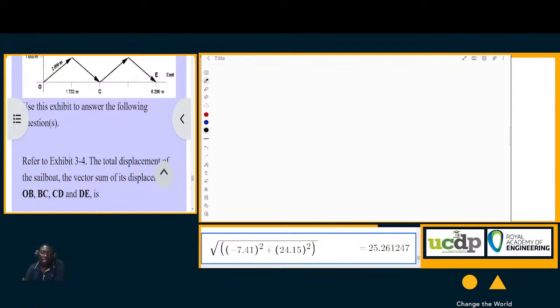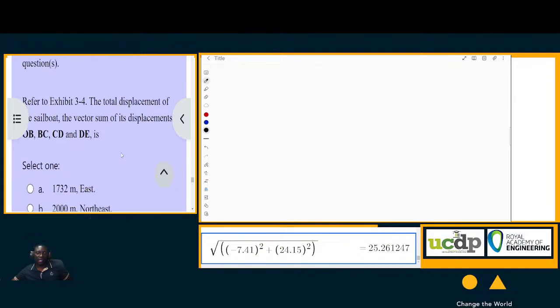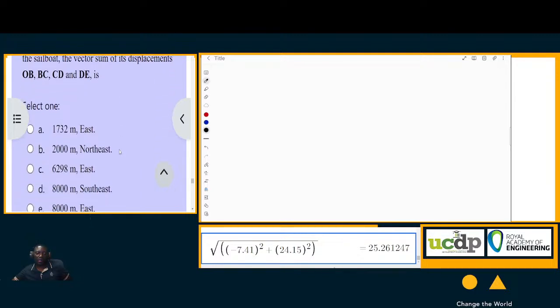That's the vector. So the vector sum of all those displacements adds up to the displacement OE, which is 6298 east. So it's like just moving straight from O to E, that distance. So that straight line joining the two points O and E is the displacement, and it means it's a distance with a direction towards east.